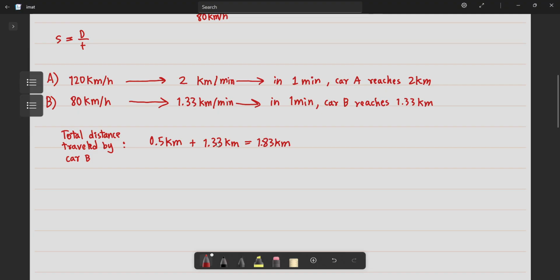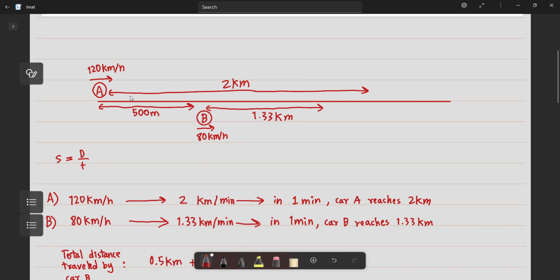Okay, so this is the total distance traveled by car B, and by car A, the total distance is 2 kilometers.